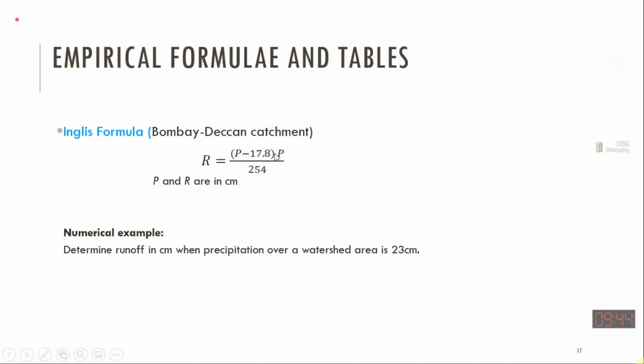So (precipitation minus 17.8) divided by 254, multiplied by the precipitation, will give us the runoff in centimeter units if precipitation is in centimeter units. Precipitation and runoff are both in centimeter units. From observation, he developed this formula.